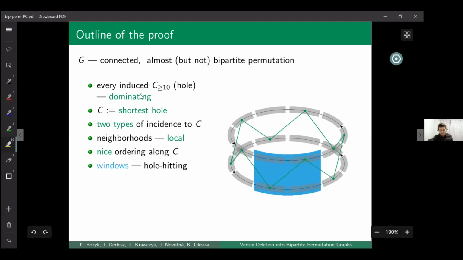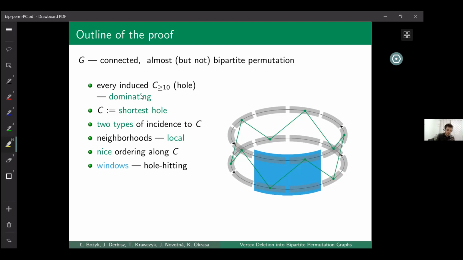So in other words, if we consider a window to be such a collection of adjacent classes of vertices, let me remind you that the classes are with respect to who is my neighbor on the shortest hole, then removal of such a window kills all remaining long holes.